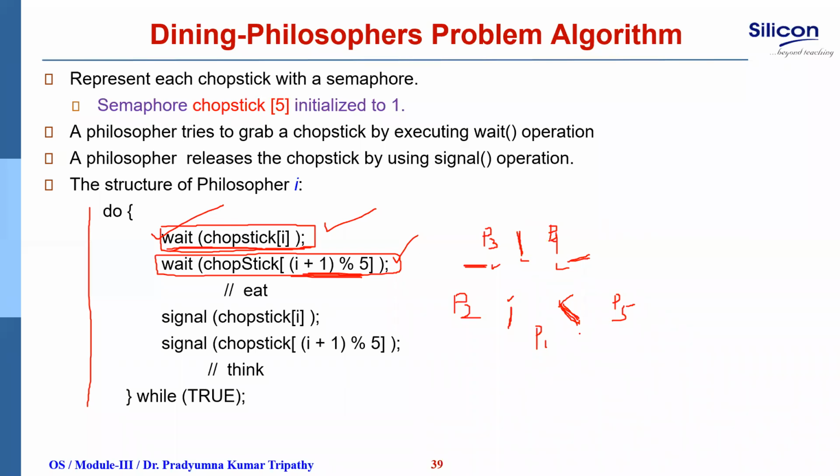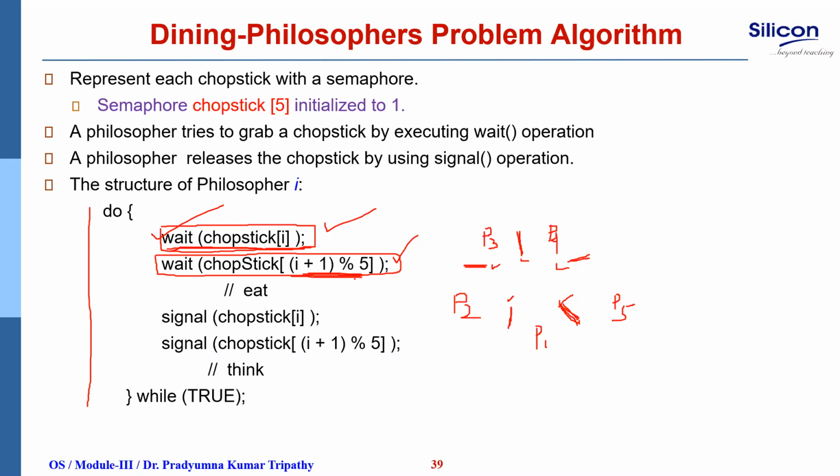When each process goes for acquiring the right one, it is already occupied, so they will never get a lock. So the philosophers will go on waiting like this for an indefinite period of time and they will never get a lock.